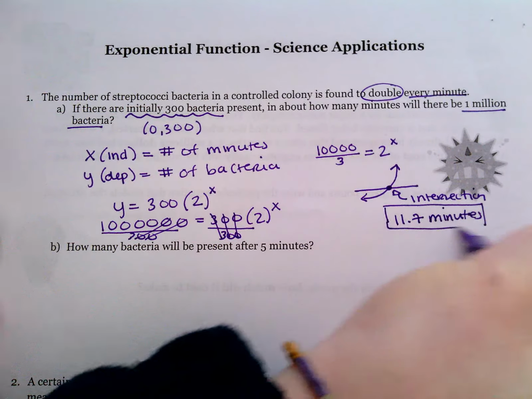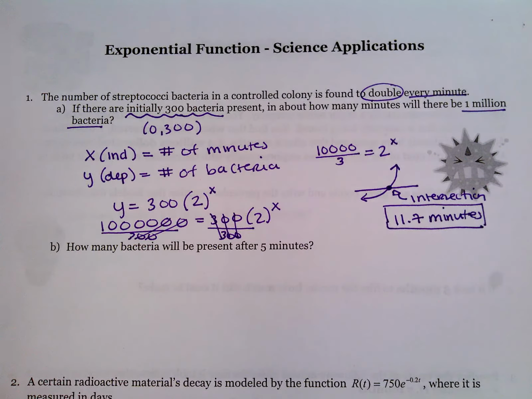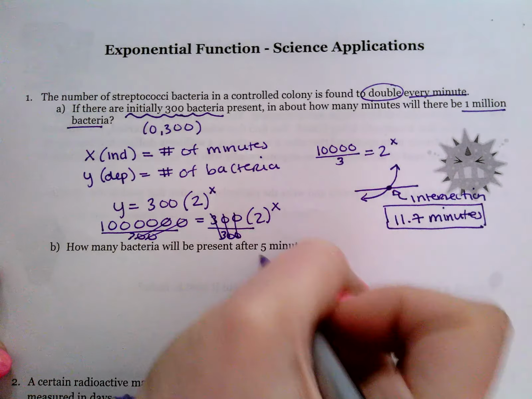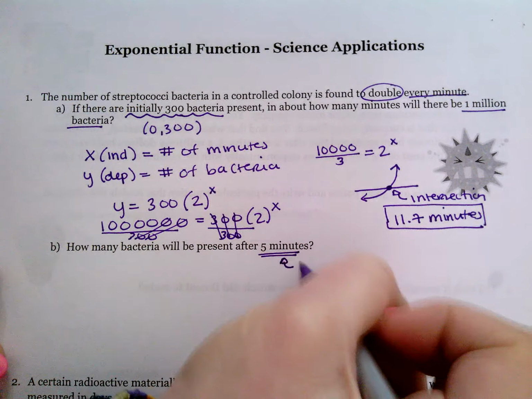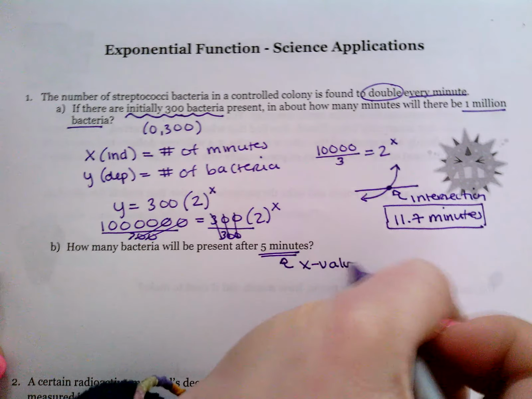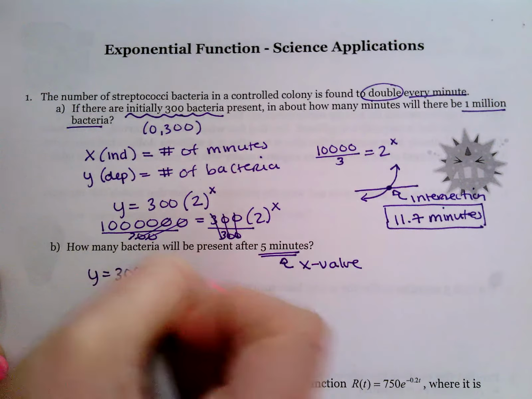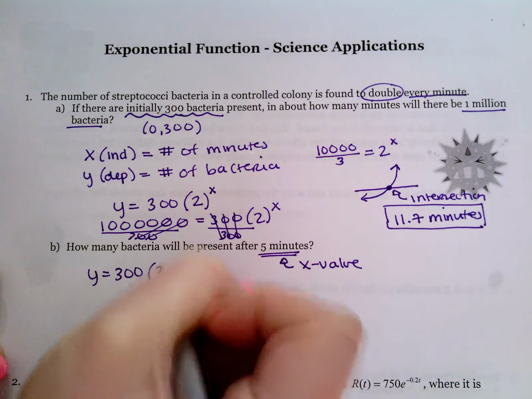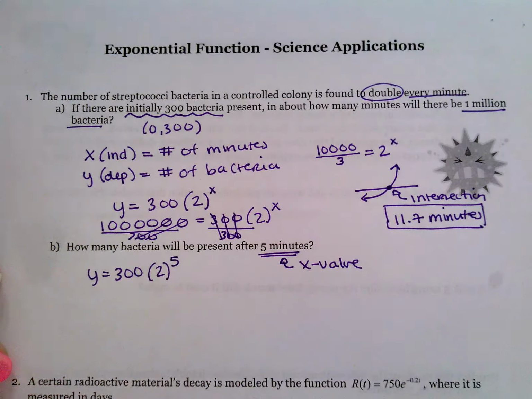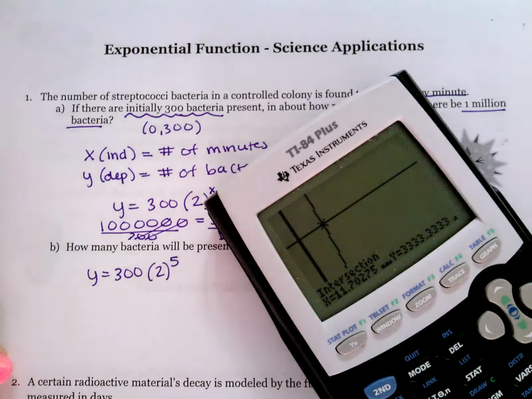What about this one? How many bacteria will be present after 5 minutes? Well, that's an x value. So I can go into the equation we wrote and plug in 5. I can look at the table of values and figure out where x is 5.